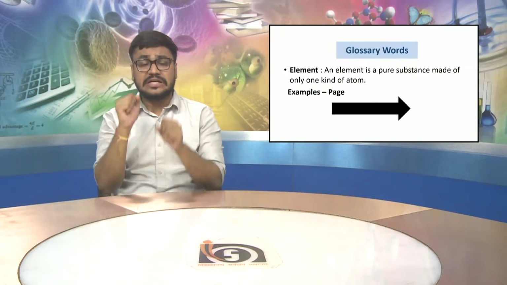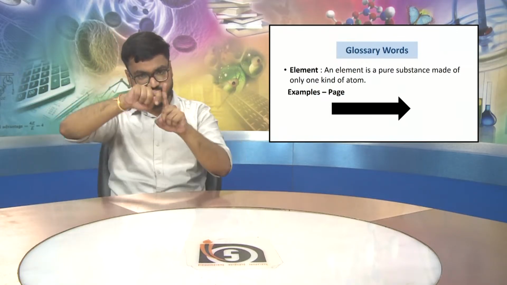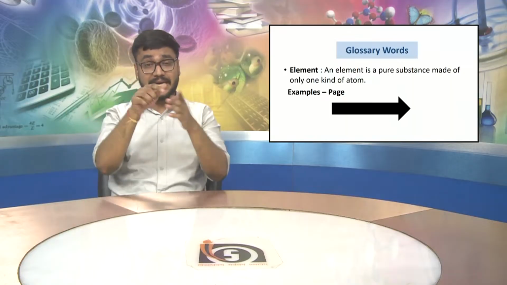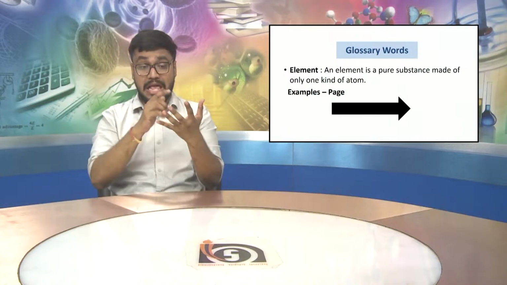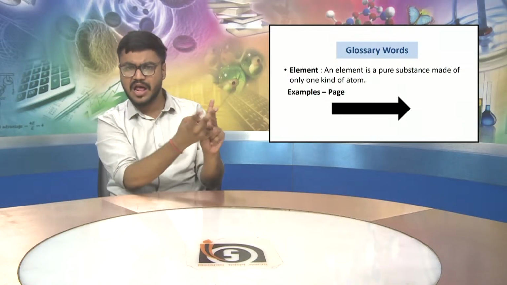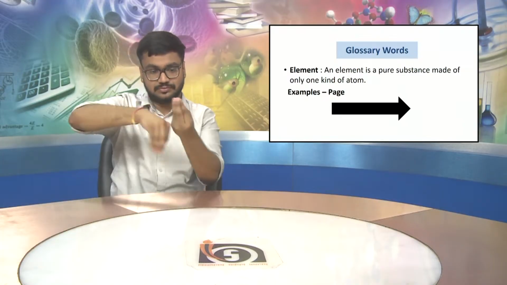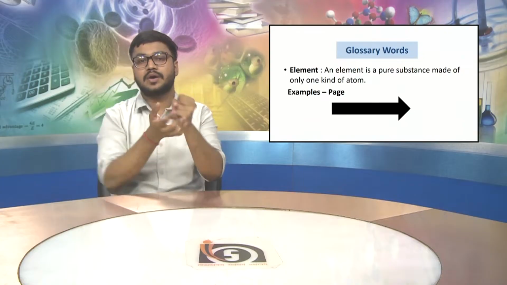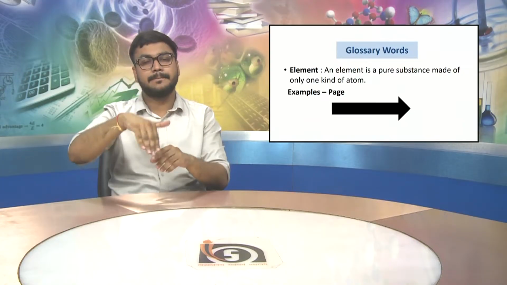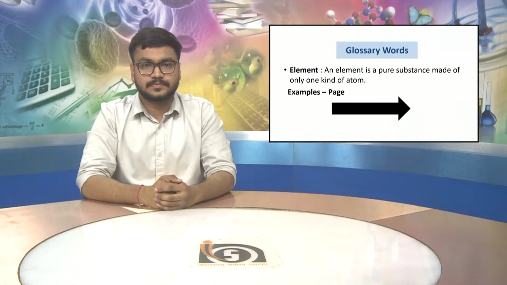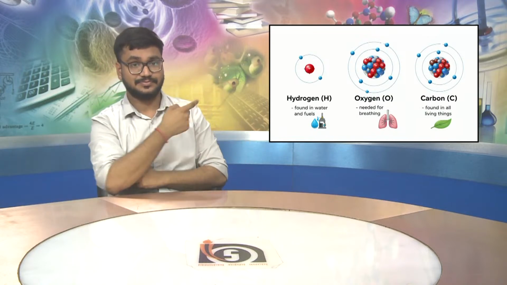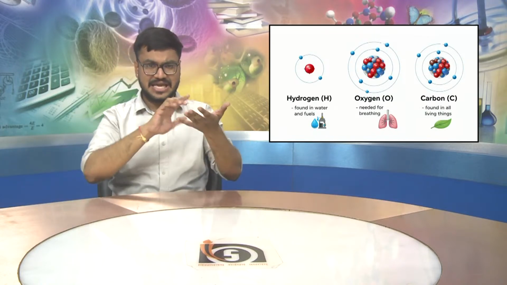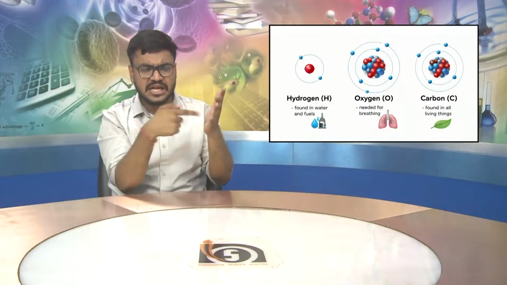Now let's learn some glossary words throughout this part. First is element. Element is a pure substance which is made up of only one kind of atom. For example, hydrogen.